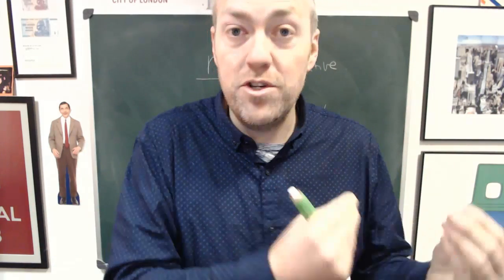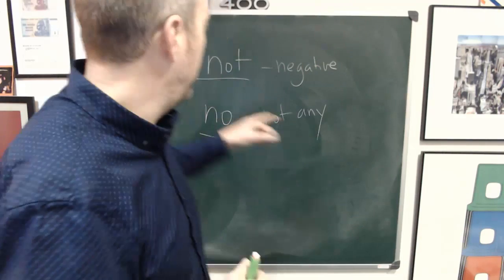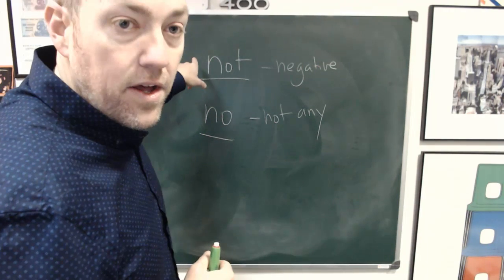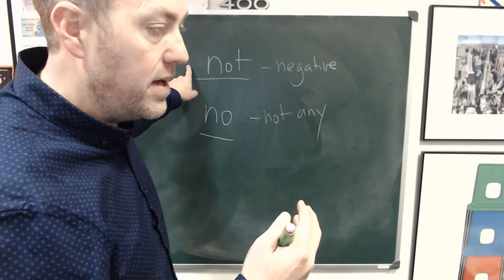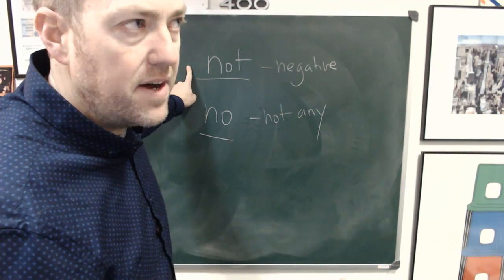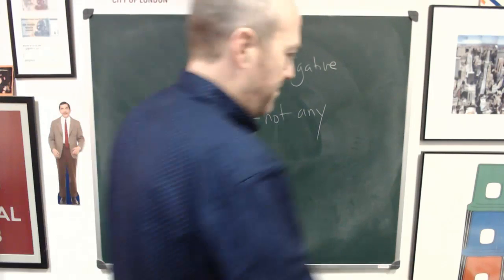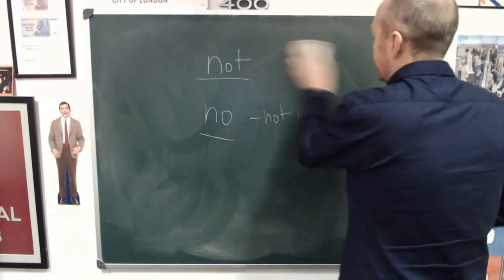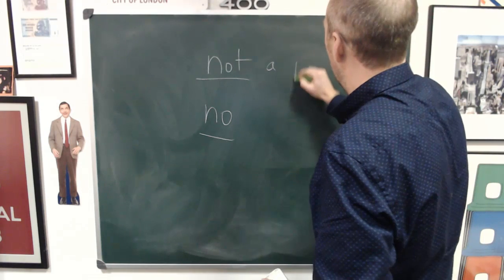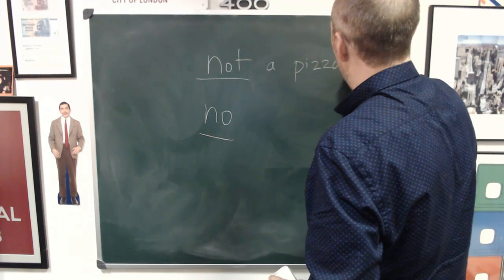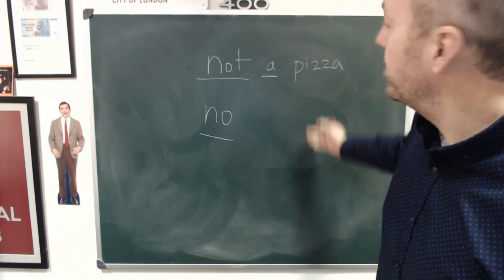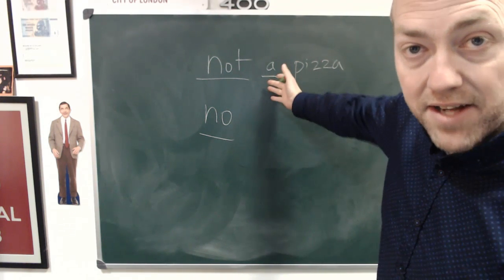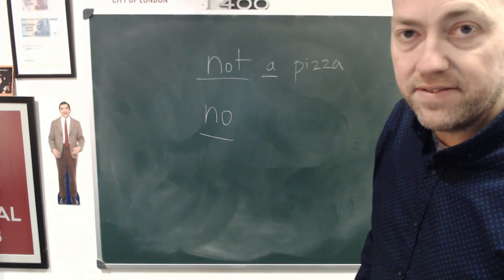But an easy way to remember how to use them, okay, is that not would be with a noun with an article, okay? Like, not a pizza, okay? So if you have an article, you must use not.